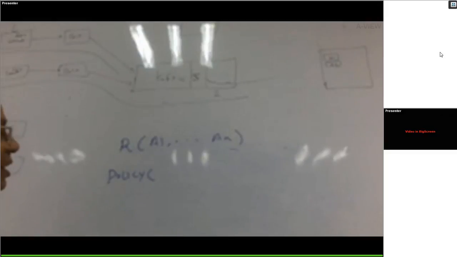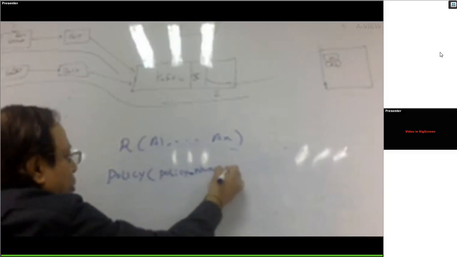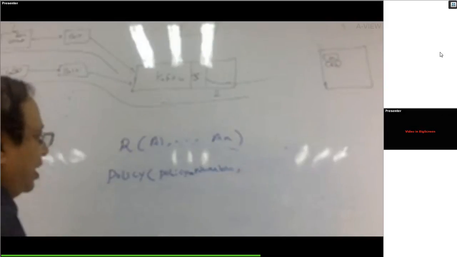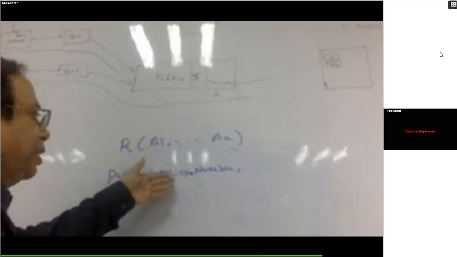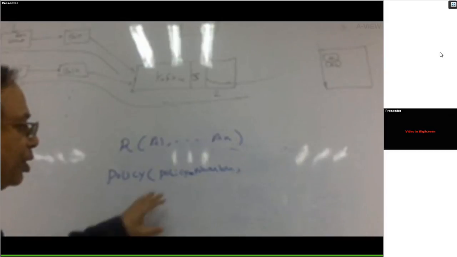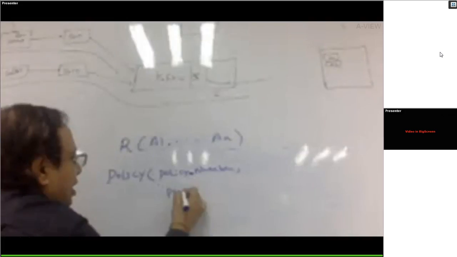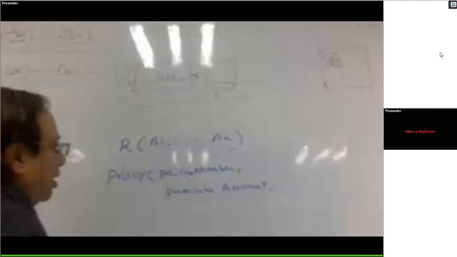And what is the set of attributes that it can have? Policy number. So this can be a specific number. This can be an alphanumeric or integer depending on how the particular life insurance company is capturing numbers. Then premium amount. This certainly is integers.